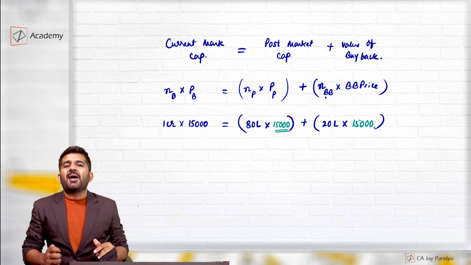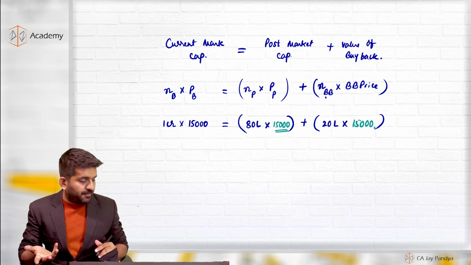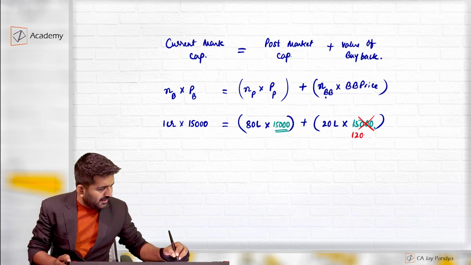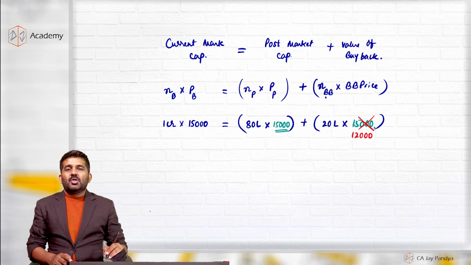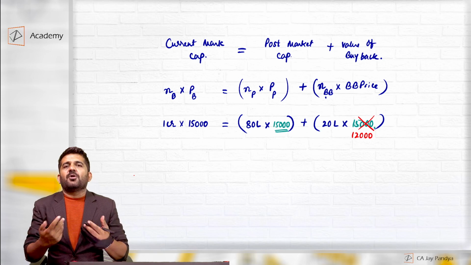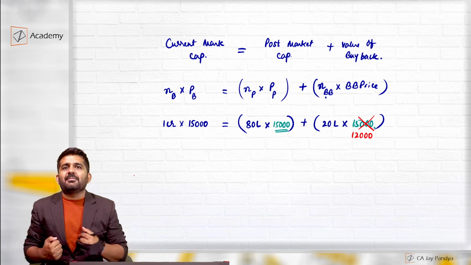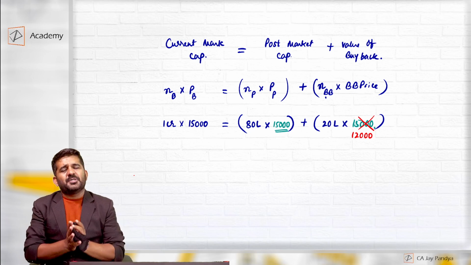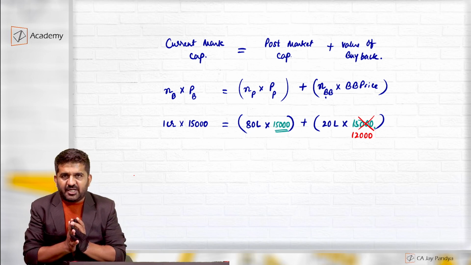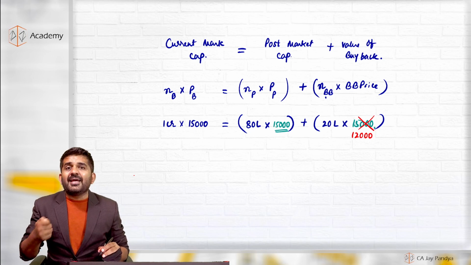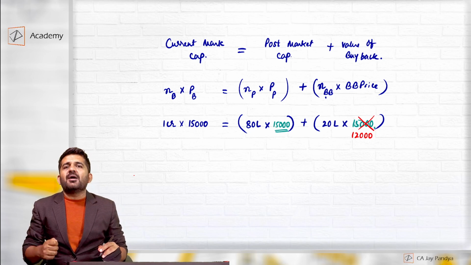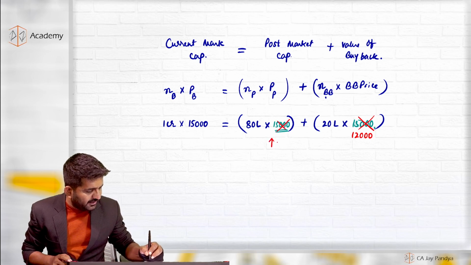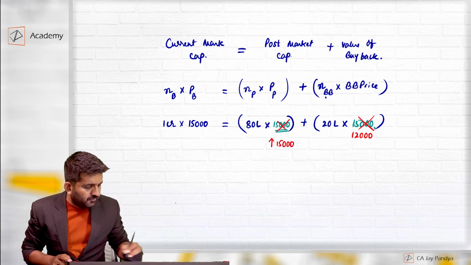If you will buy back at lower price, less than 15,000, say at 12,000 rupees, no one will then agree for buyback because you are giving less than market price per share. But suppose you are giving 12,000 rupees and people agree and you buy back the share as a company, then your post market price theoretically should increase. It will be greater than 15,000 rupees.